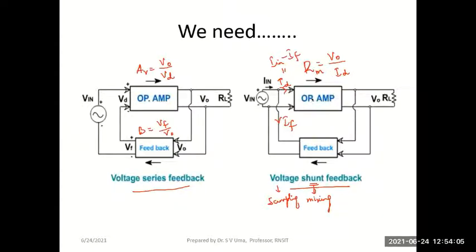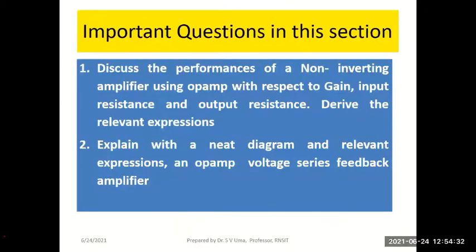Hence, the basic op-amp is a trans resistance amplifier. Okay, please understand the terminologies. And coming to the feedback network, input to the feedback network is the output voltage V0. Output of the feedback network is the feedback current IF. So beta is output by input, IF by V0. Just remember all this. Any doubts?